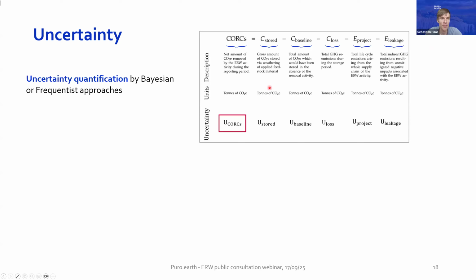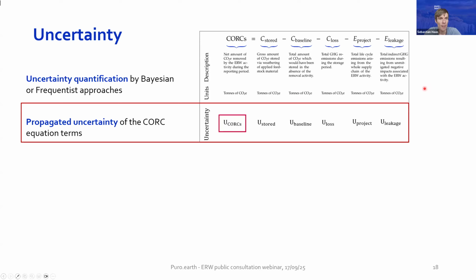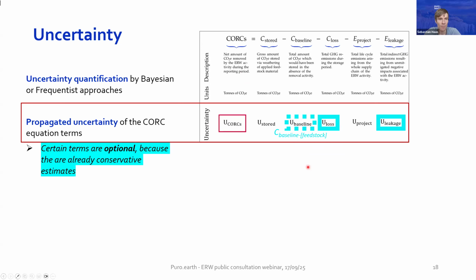There's a bit of an asterisk to the "each term" part of this that I'll get to in a few seconds. So quantification by Bayesian or frequentist approaches of the different terms is the first step. Then this uncertainty would be propagated across the different terms to arrive at an overall uncertainty for the CORCs that is calculated. And then here's my asterisk.